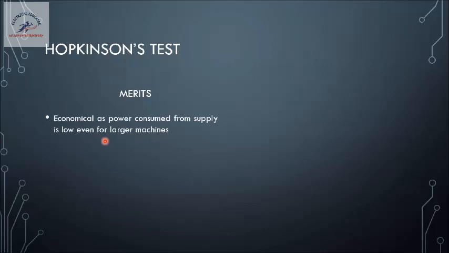Here we observe that most of the electrical power is self-funded and a small amount of power is drawn from the supply. So whatever may be the larger machine's power rating, it is possible to conduct this particular test.